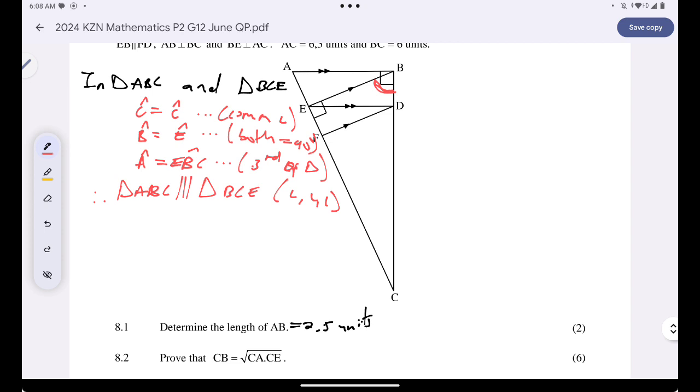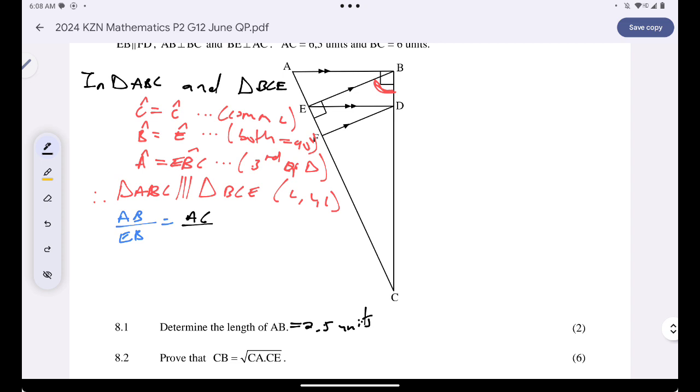Okay, and then now with the ratios, angle C from triangle ABC is subtended by what? By AB. Angle C is subtended by EB, right? And then we went to angle B. Angle B is subtended by AC.